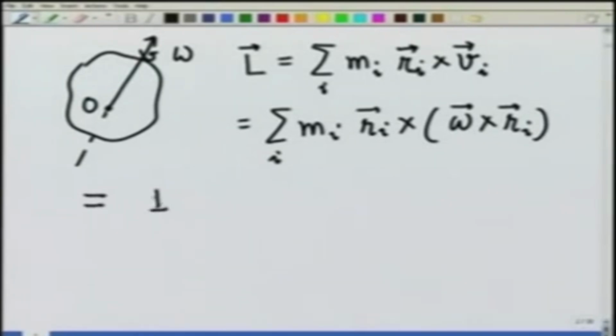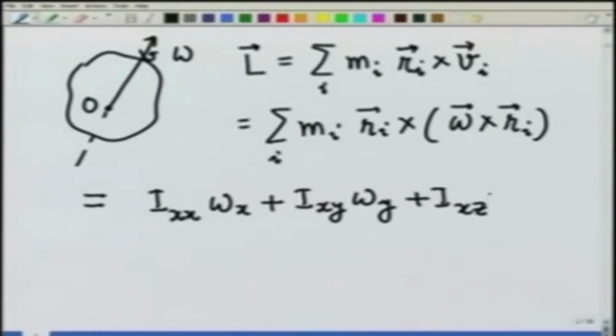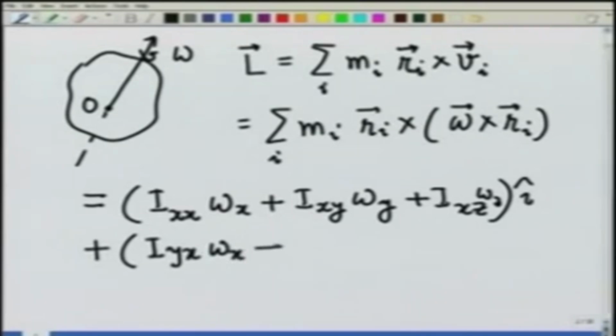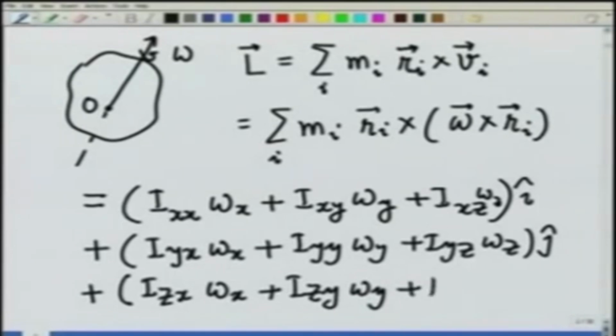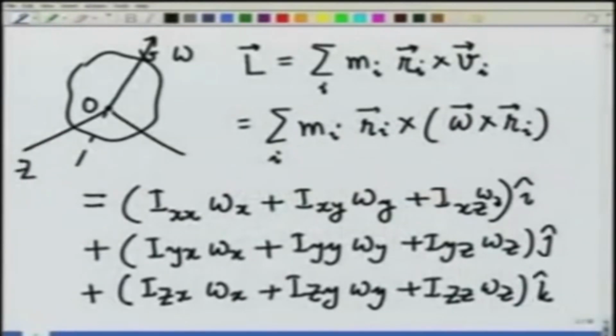This we worked out comes out to be Ixx omega x plus Ixy omega y plus Ixz omega z in the i direction, plus Iyx omega x plus Iyy omega y plus Iyz omega z in the j direction, y direction, and Izx omega x plus Izy omega y plus Izz omega z in the k direction, where x, y and z directions are given, x, y, and this could be your z direction.